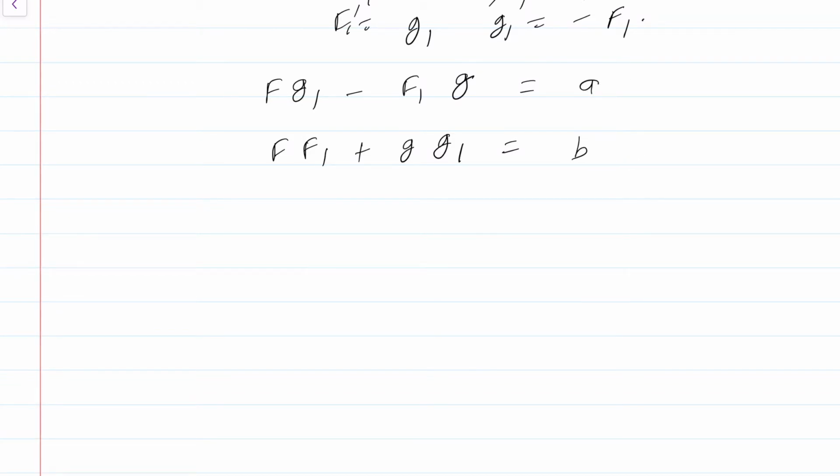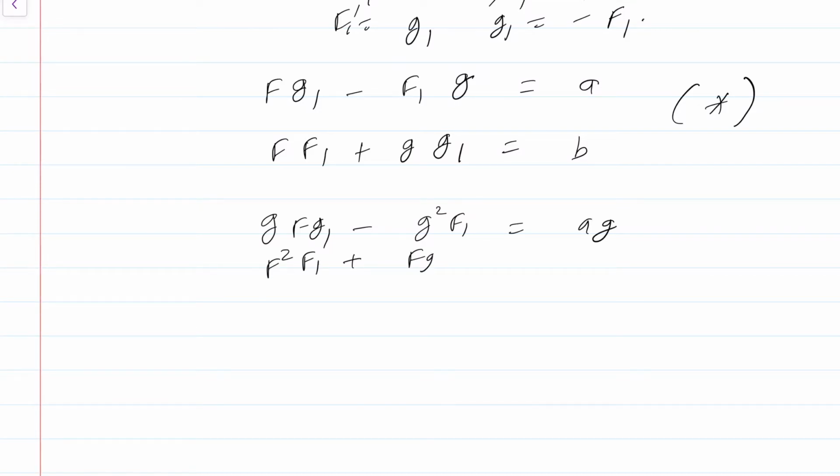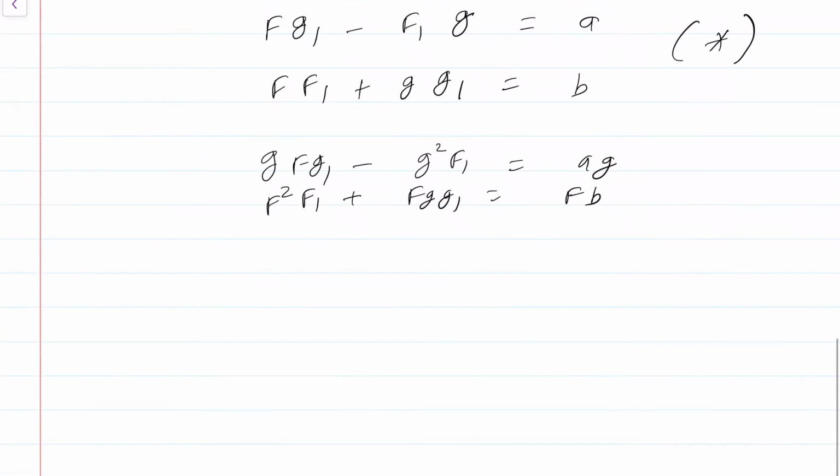So let me rewrite the equations and not butcher what is already there, which I'm going to now call star. I'm going to call this pair of equations star. Now what I'm going to do is multiply the first by g and the second by f. So what we will get is g f g1 minus g squared f1 is equal to ag, and we will get f squared f1 plus f g g1 is equal to fb. Now subtract these two equations.